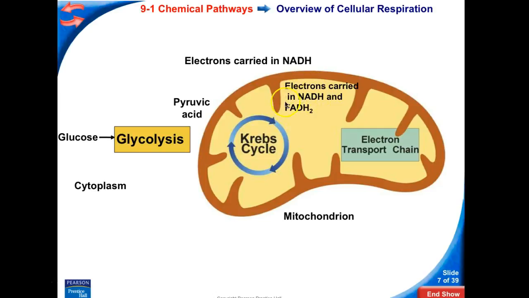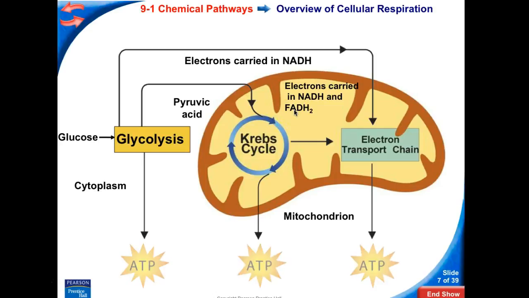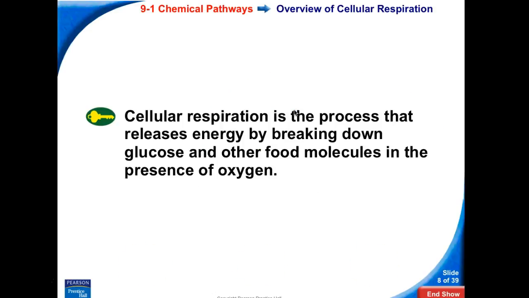We are going to be introduced to both NADH and FADH2. So ultimately, what we get out of this entire process is ATP. And that's the whole purpose of cellular respiration, to produce those ATP molecules.